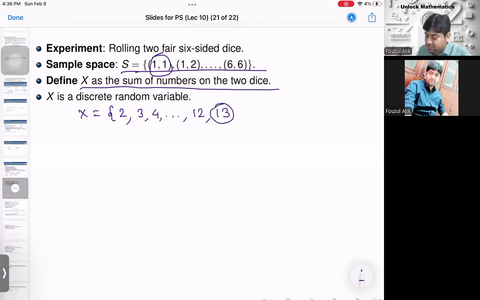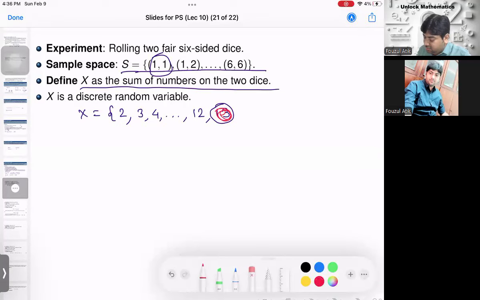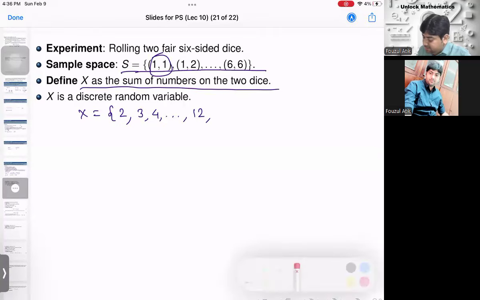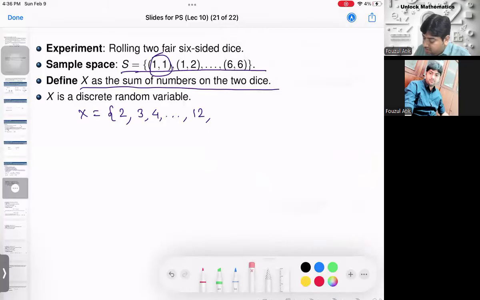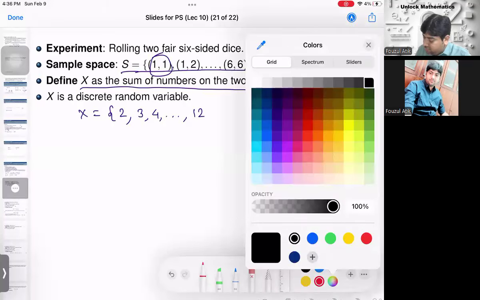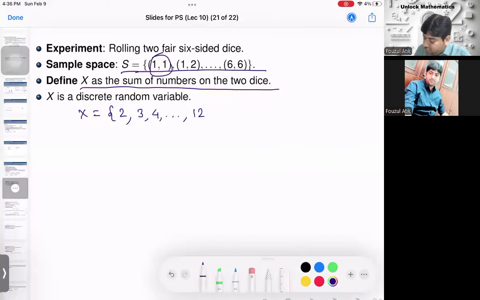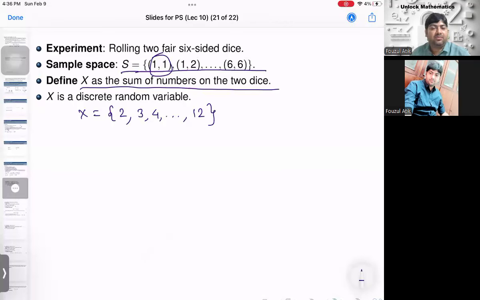It is not possible. Therefore, X can take only values from 2 to 12. So X is a random variable, and we can find the probability of each of these values, which are different events.